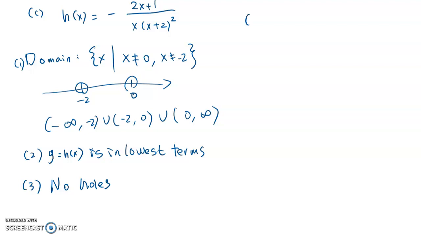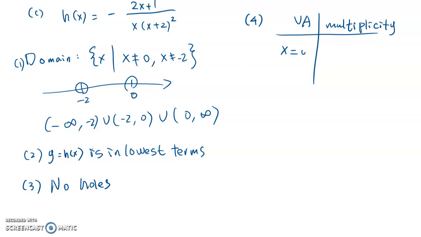Okay, now number 4, what are the vertical asymptotes and the corresponding multiplicity? Well, since it's in lowest terms, all the real zeros will be vertical asymptotes. So we have 2 vertical asymptotes. One is x equals 0, that vertical line, and the other one is x equals -2.